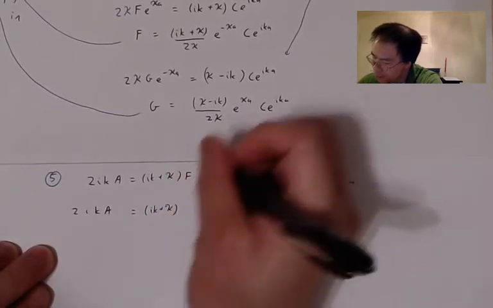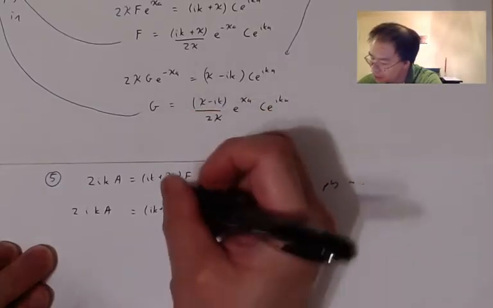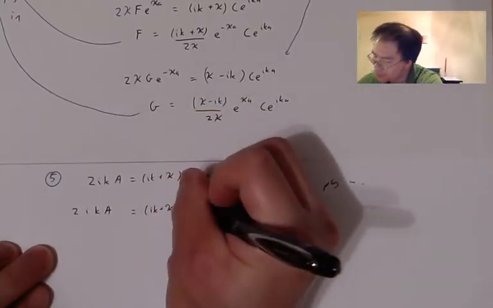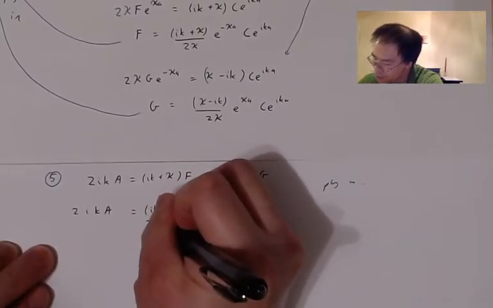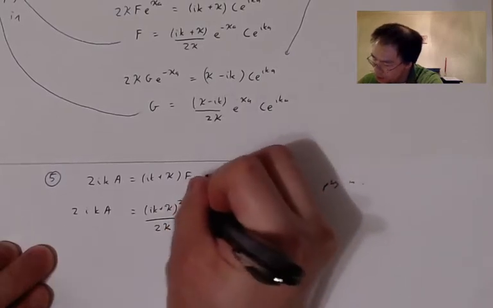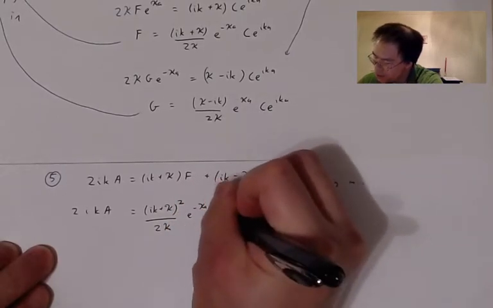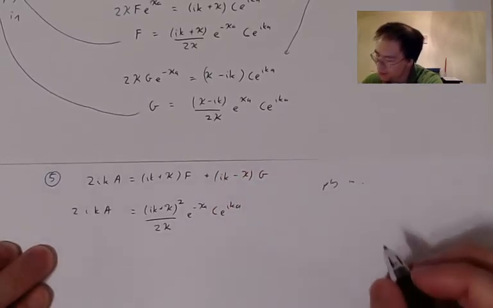My f is now here. So I get a factor of ik plus kappa, another factor of ik plus kappa, so ik plus kappa squared, divided by 2 kappa e to the minus kappa a, c e to the ik a.